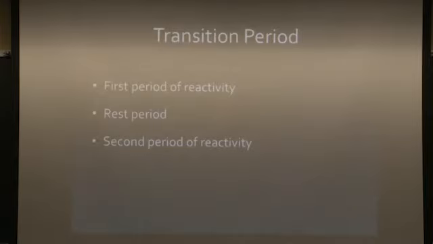Newborns undergo different phases of instability during the first 6 to 8 hours after birth. The first period of reactivity lasts up to 30 minutes, where the heart rate increases to 160 to 180 beats per minute. Respirations are irregular and can range from 60 to 80 breaths a minute.